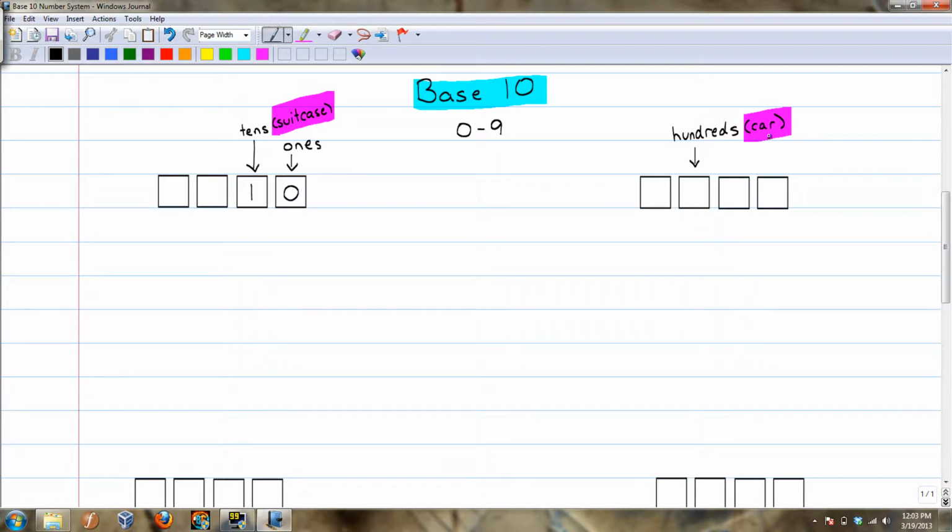And we're going to put all 10 suitcases in one car and send the car shipping. So now instead of 10 suitcases, we just have one car full. 0 suitcases left over, and 0 spare apples. Now, if I was to ask you how many apples are in that car, you would say 100. Why? Because there are 10 suitcases full of apples in the car, and each suitcase contains 10 apples.